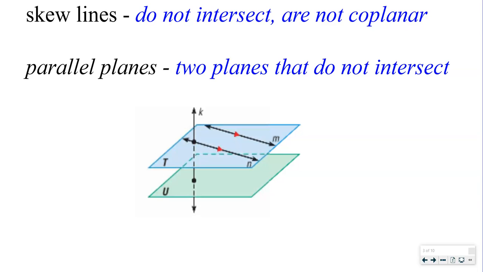We can see line K and line M. Those are skew lines, because you can see where K passes through line N. So you know that M is not going to intersect with K. So those are skew lines, and you can see that they're not parallel, they're not coplanar.